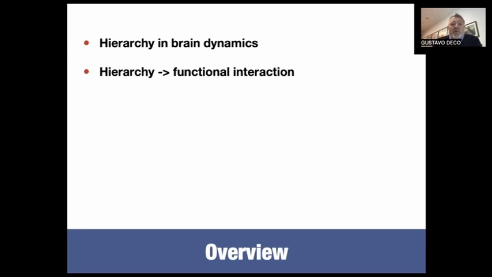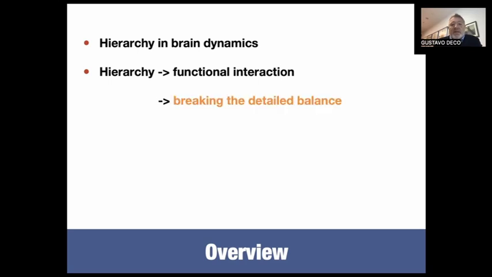The traditional way of assessing the hierarchy is to directly quantify the causal functional interaction. There are many ways of doing this. I will present in the next slide, and remind you very briefly, some possibilities using the concept of Granger causality or transfer entropy.